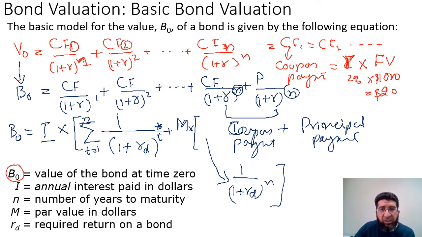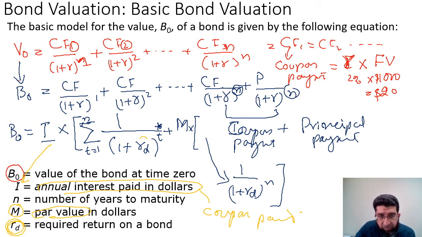This is because the cash flow is the same, so we can bring the similar terms together. The I is the coupon payment, which is the annual interest paid in dollars. This is exactly the definition of coupon payment. Then N is the number of years, M is the par value, which is the principal value in dollars. Then RD is the required return, or yield to maturity.